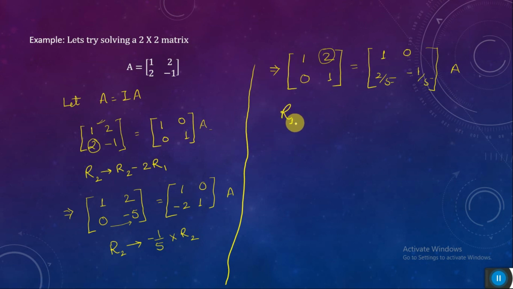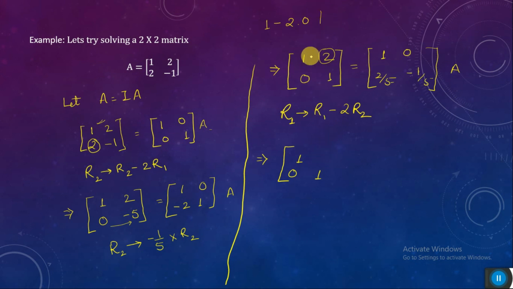So row 1 should be under operation: row 1 minus 2 times row 2. Clear? You see here, row 1 is under operation, so row 2 I will write as it is. So row 1 minus 2 times row 2 is 0. So this is 1 only.